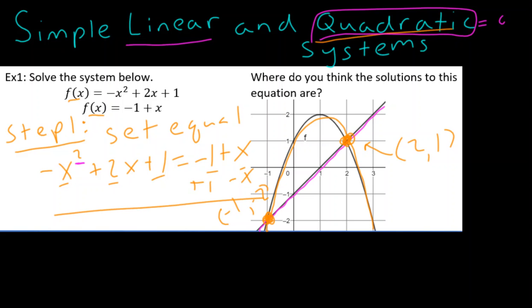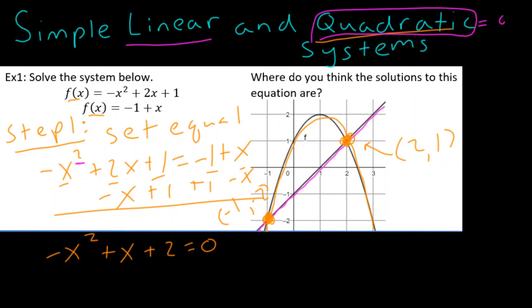And when we do that, what do we get? Well, we have to add 1 to this side, and we have to subtract x over here, and let's write out our function. We have -x², 2x minus x will be plus x, and 1 plus 1 will of course be plus 2 is equal to 0.